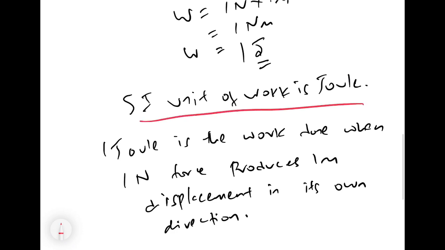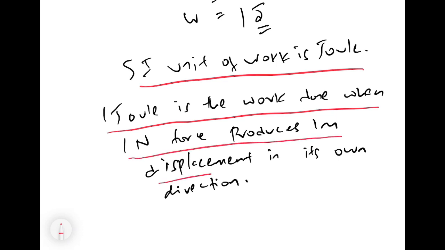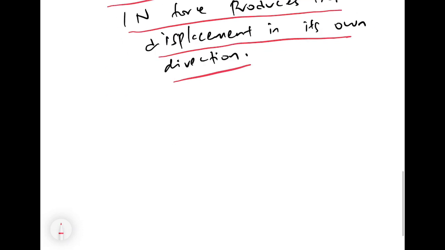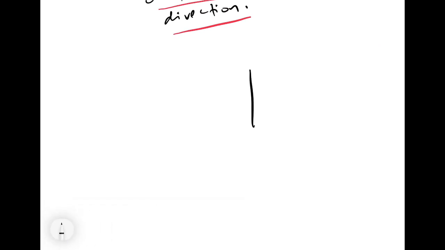Lastly, the SI unit of work is joule. What is a joule? 1 joule is the work done when 1 Newton force produces 1 meter displacement in its own direction.